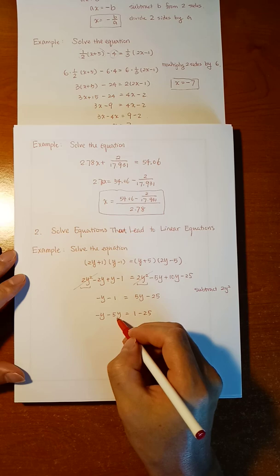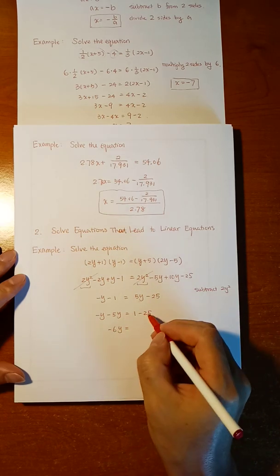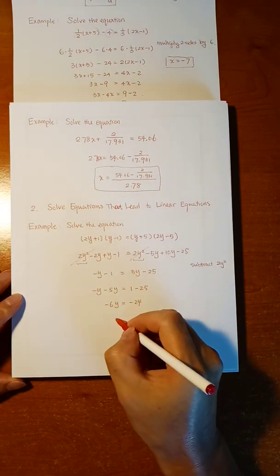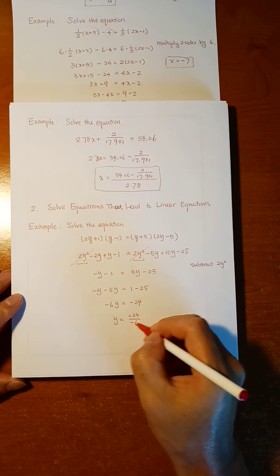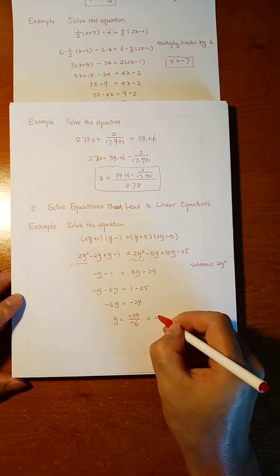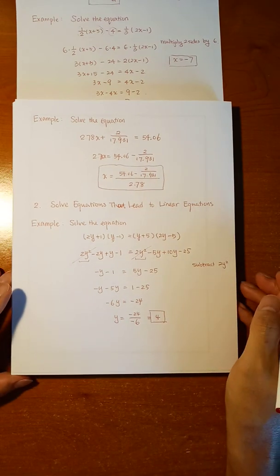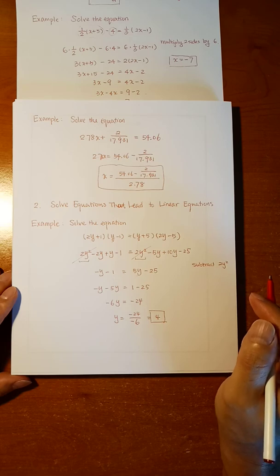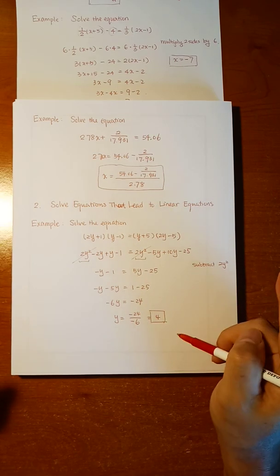Okay, negative 1 minus 5y is negative 6y. 1 minus 25 is negative 24. And then y is negative 24 over negative 6. Negatives cancel. 24 over 6 is 4. So the answer is 4. It has only one solution.